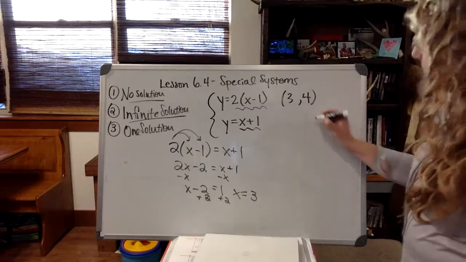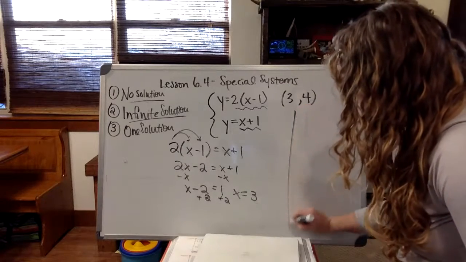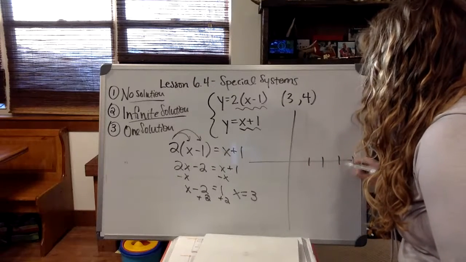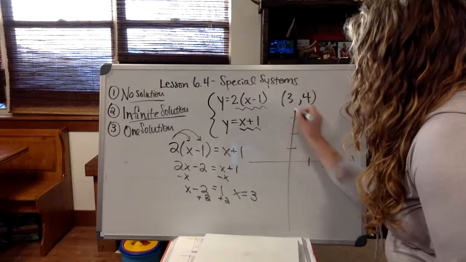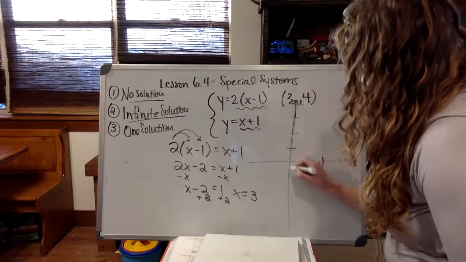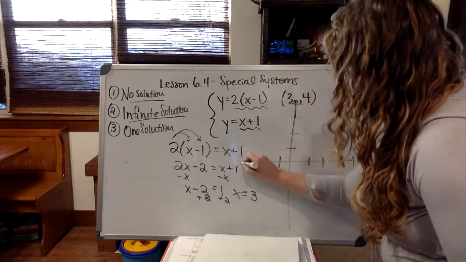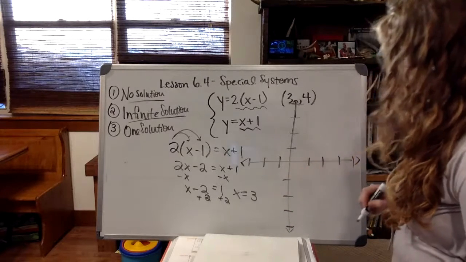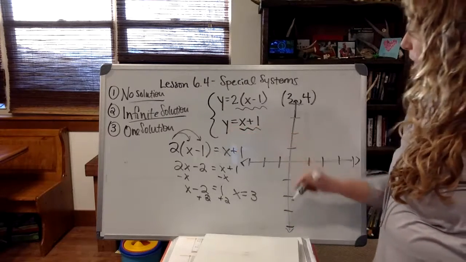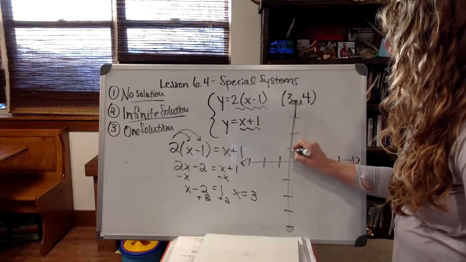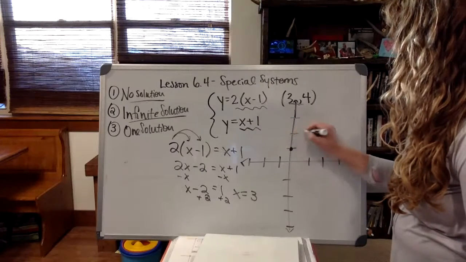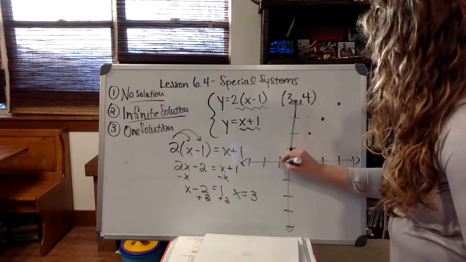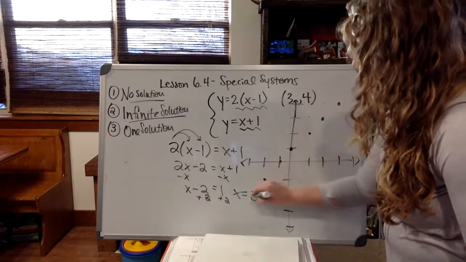So let's look and see what this particular graph looks like because we've done it with all the others. I'm going to set this up so I hopefully can see it. Oh my gosh, this is so messy. Thank you for bearing with me. All right, this first equation, x plus 1, so y-intercept of 1, up 1 to the right one for my slope, down 1 to the left one for my slope.